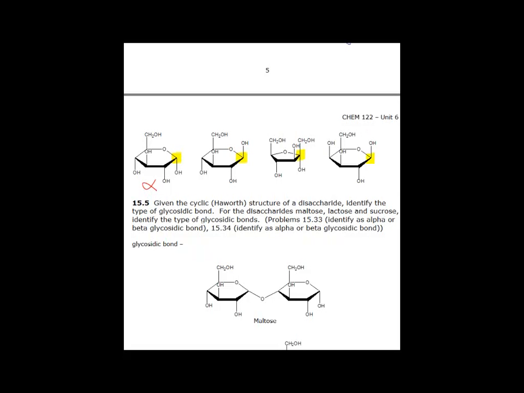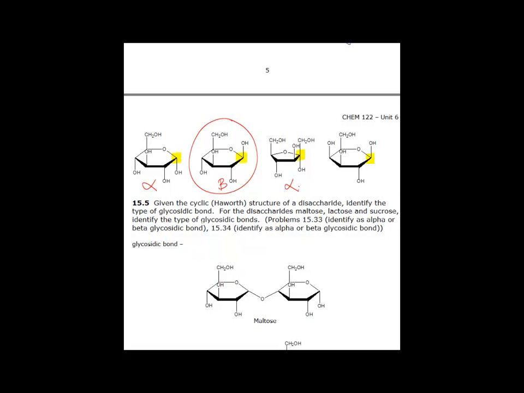In the second structure, the OH is pointing up, so this is beta. So there's a beta Haworth projection. The third one, you might be thrown off by that CH2OH, but the OH pointing down is what matters. It's which direction the OH is pointing. So this is alpha.